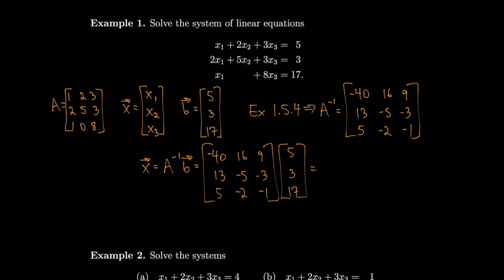And if we do the matrix multiplication, we should get 1, -1, 2. Okay, so that means that the solution is x1 equals 1, x2 equals -1, and x3 equals 2.